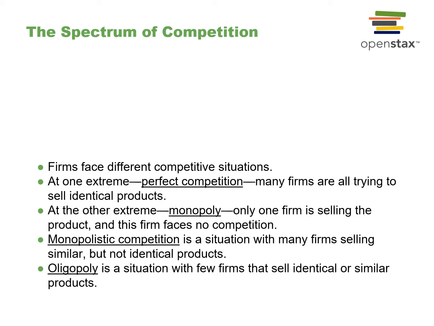Oligopoly is a situation where a few firms sell identical or similar products. When we refer to the Russian oligarchs, it's like a consortium of individuals that really control all the resources, and they have tremendous sway in terms of supply and demand and cost.